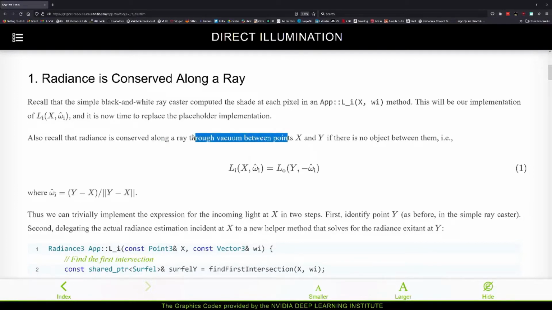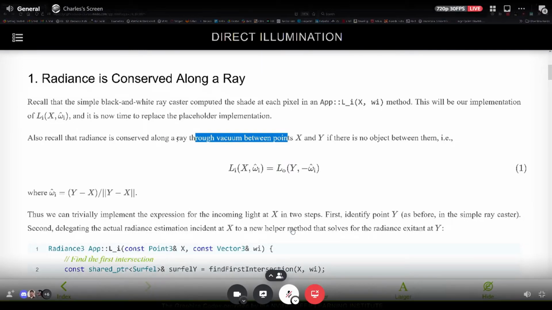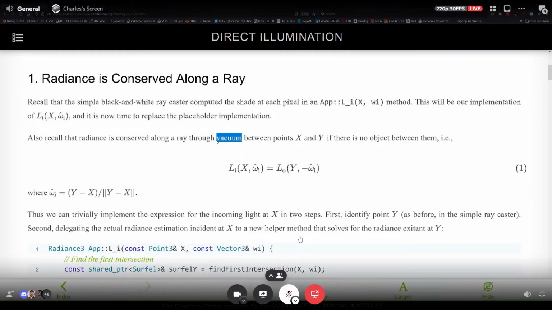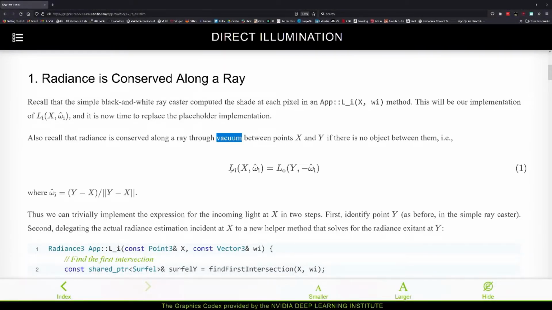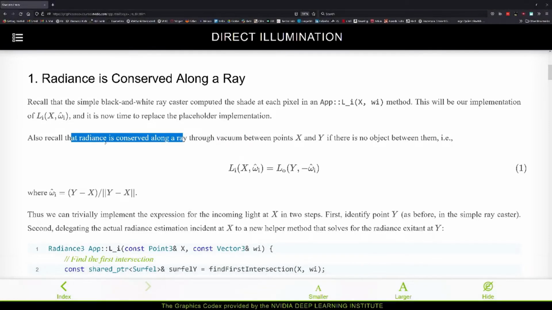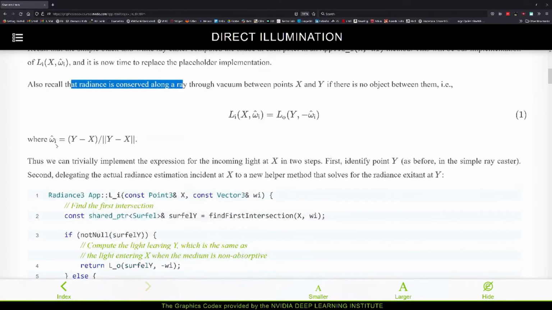And we're considering the space to be a vacuum, so we're not considering any interaction with, say, the air between the points. So it's just light in is light out because it's conserved along a ray.